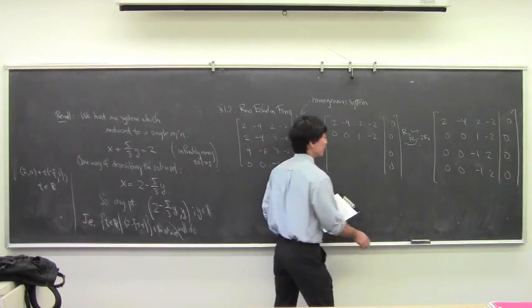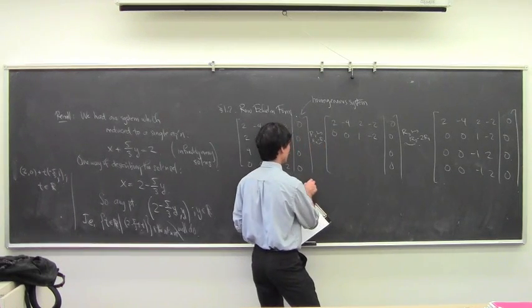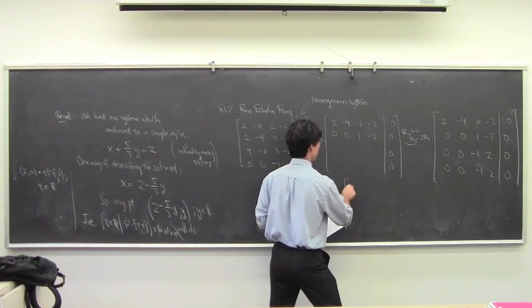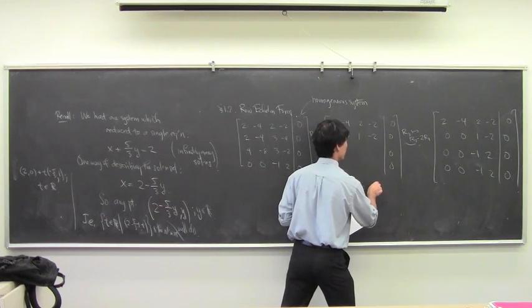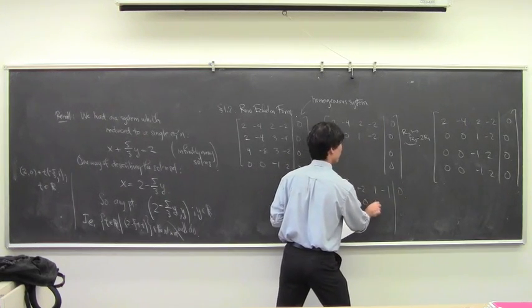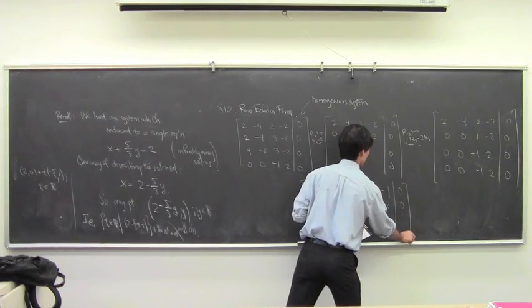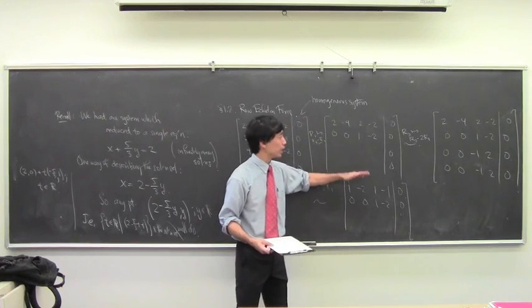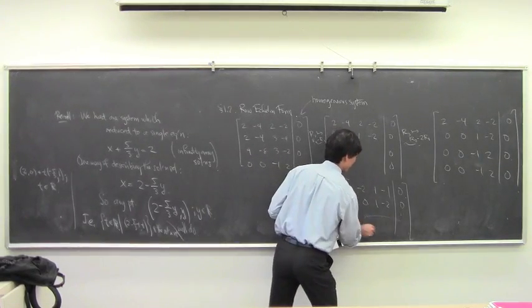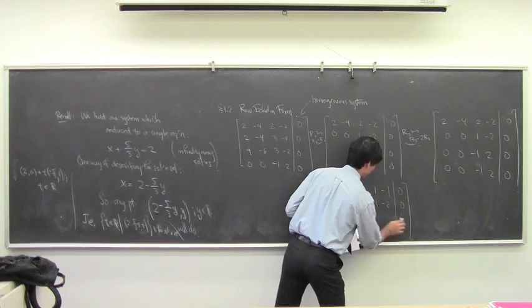Maybe just for convenience, I'm going to divide the first one by 2. So row 1 becomes a half of row 1. I get 1, -2, 1, -1, 0. And you notice that I can use the second row to kill off the other 2 rows. So these are all 0.